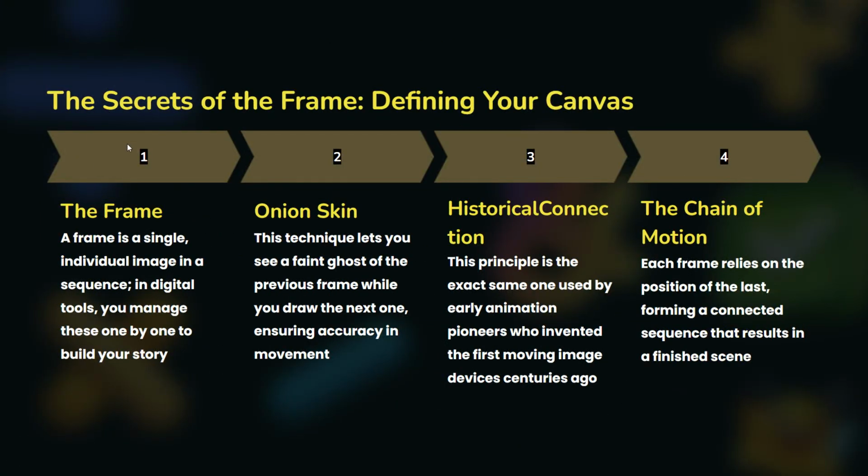The frame is the single individual image. Onion skin is going to be sort of tracing each frame so that you can make sure you have that accurate flow. And then we want to investigate that historical connection. Looking at devices that came before helps to inform how you're going to do it today.